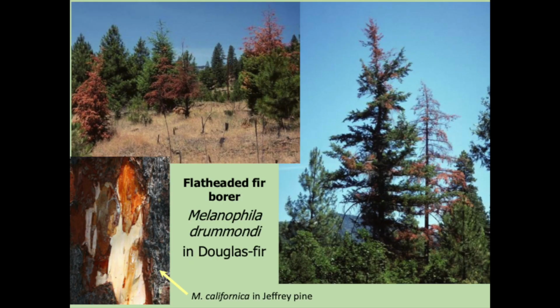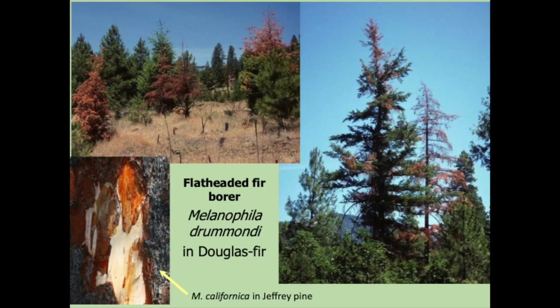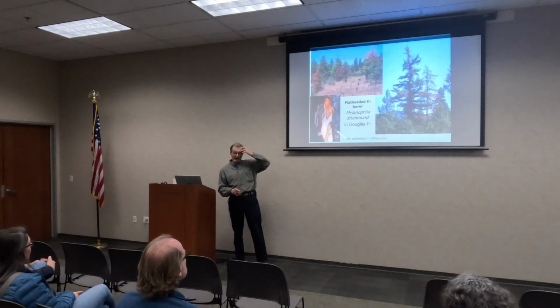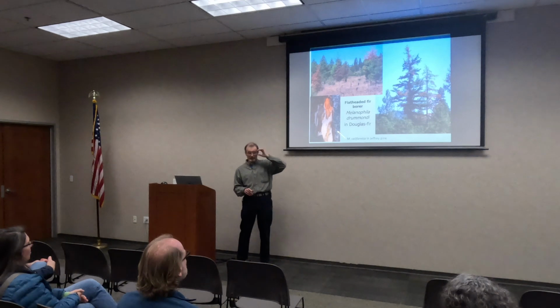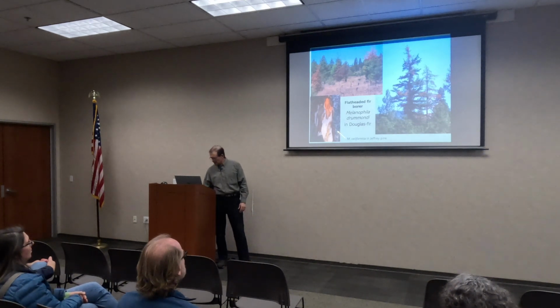This is our most serious pest of Douglas fir under drought stress. There is a Douglas fir beetle, but this insect is more important in terms of drought-stressed Douglas fir. Kills it in our area here and throughout California, wherever Douglas fir might be under stress.